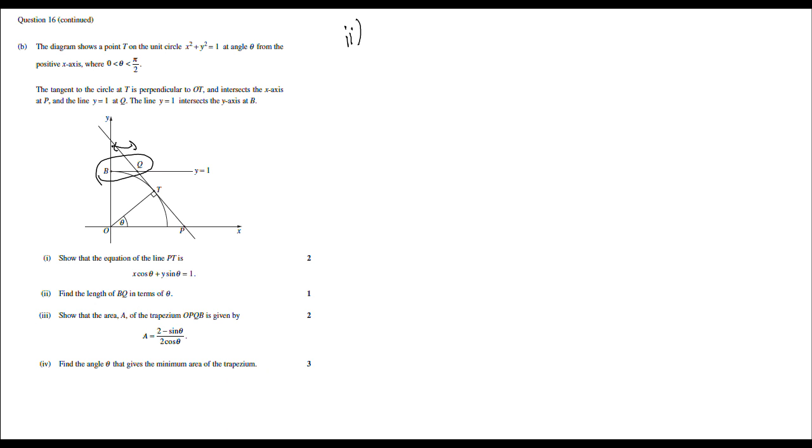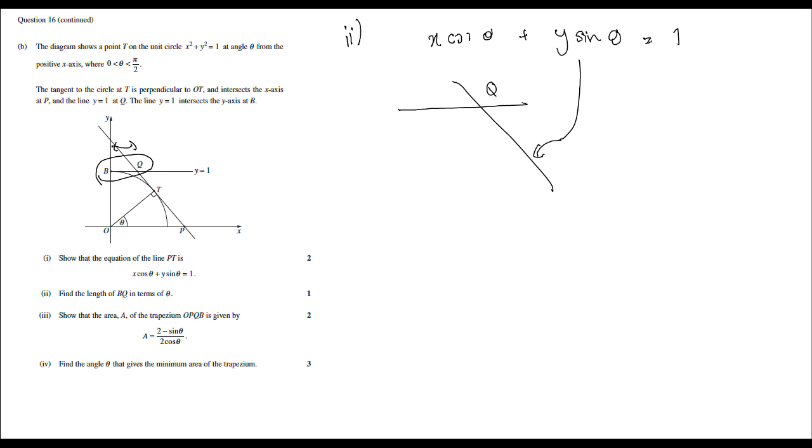Now we know the equation of PT, which is good, which is from part 1, which is x cos theta plus y sine theta equals 1. Now that line intersects with BQ at point Q. So that line, that's Q. So this is our equation, and that's BQ. So that is the intersecting point.